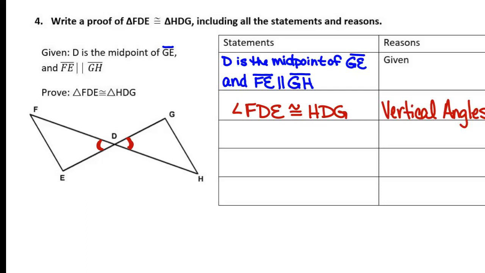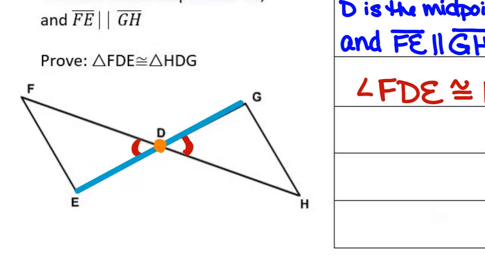All right, it says D is the midpoint of GE. Here's GE. And D is the midpoint of that. What does that mean? It's evenly split. So which pieces would be congruent because D is the midpoint? ED and which one?